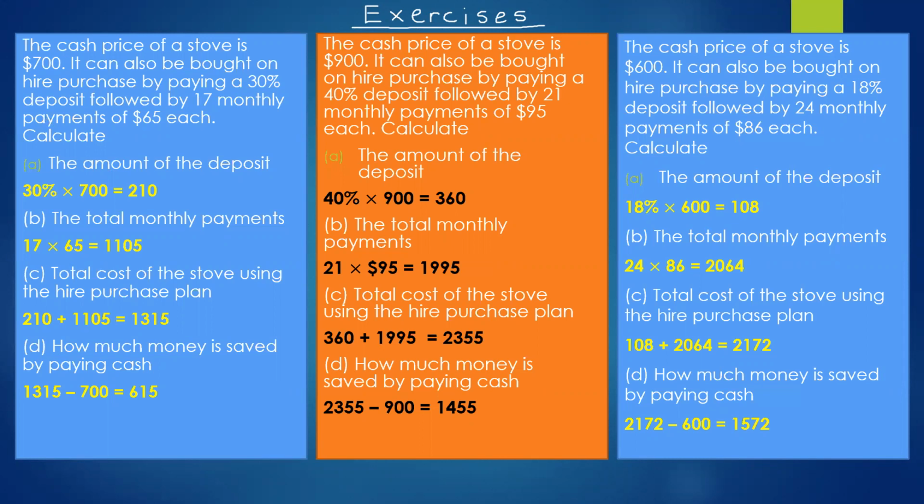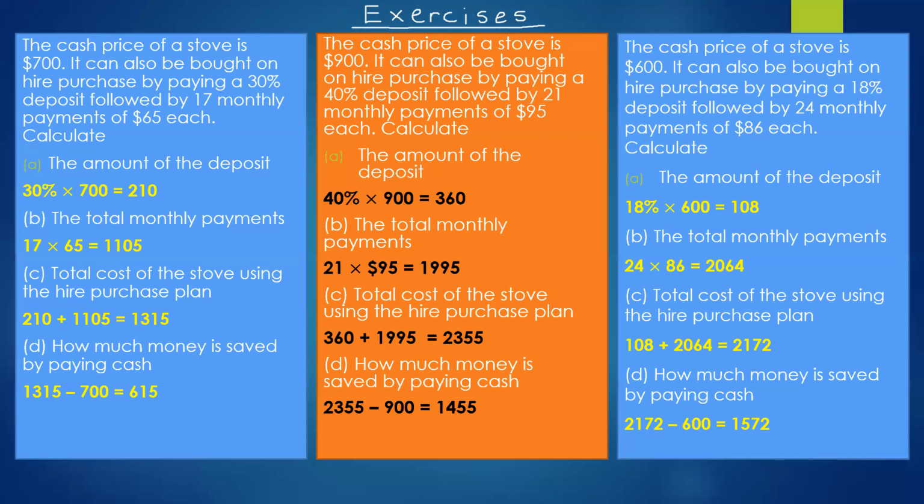Number one says the cash price of a stove is $700. It can also be bought on hire purchase by paying a 30% deposit followed by 17 monthly payments of $65 each. Calculate the amount of deposit. So you have to do 30 over 100 times 700 over 1.